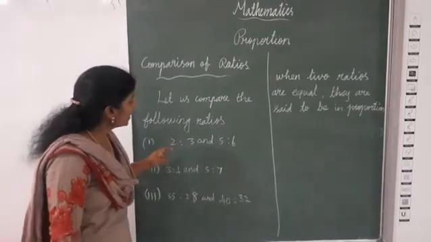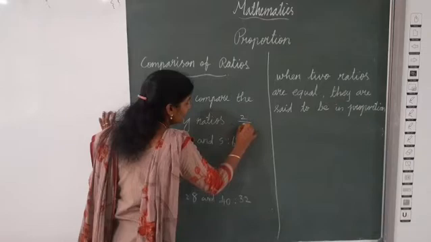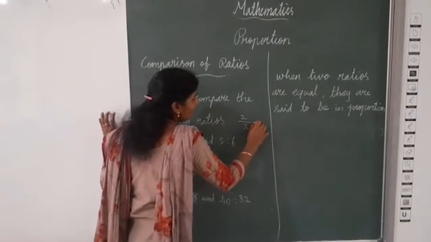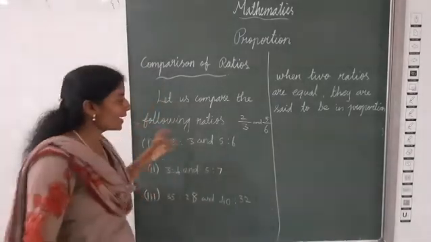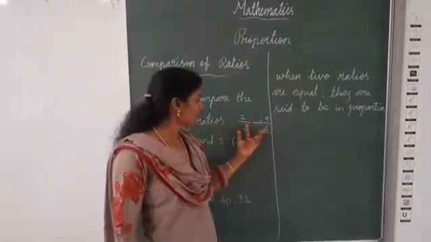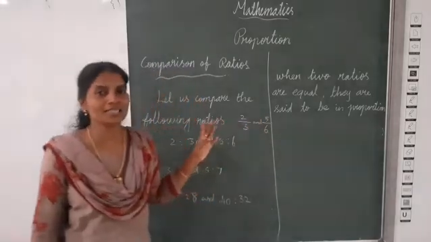Now listen here, 2:3 means we can write 2/3 and 5/6. Now we can compare these in fraction form. With the same denominator we can compare the numerators to see which is greater.